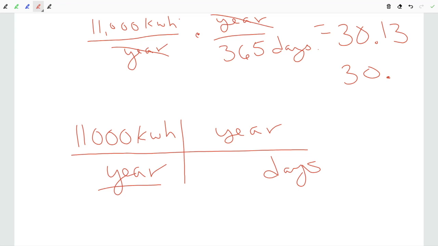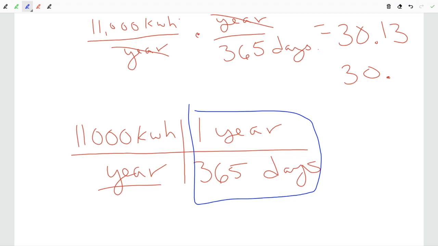We need to multiply it by 1 so that it's the same. And luckily we know that 1 year contains 365 days. So this fraction is equivalently 1. It just uses different units.